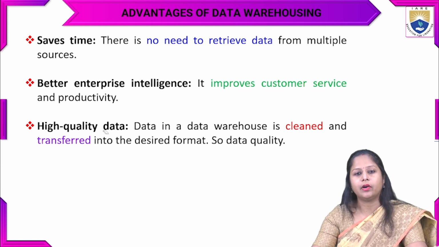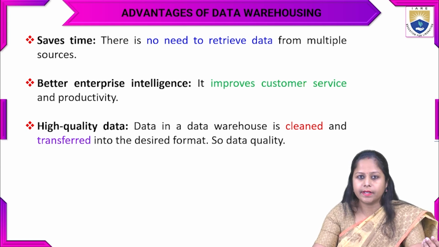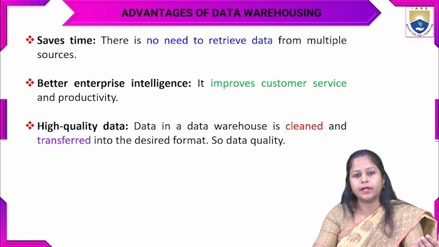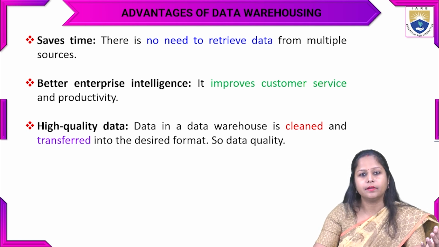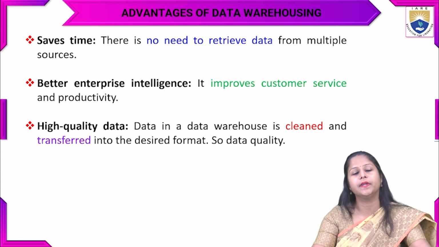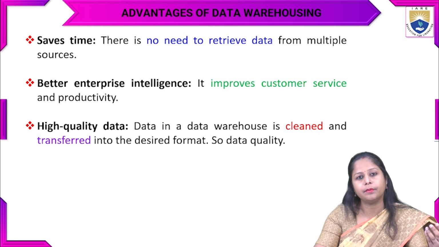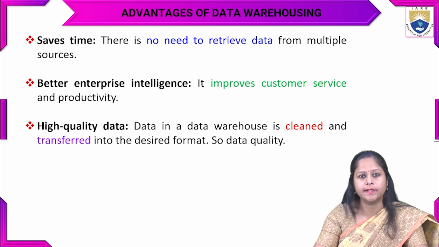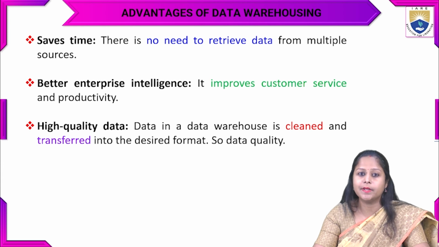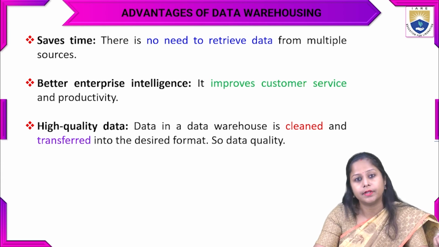So that was all about the operational database. We can say, about the data warehouse, what the different features are, so that we can have a better understanding of the operational database, or we can say conventional database, and what the data warehouse basically is in terms of other sources of data.